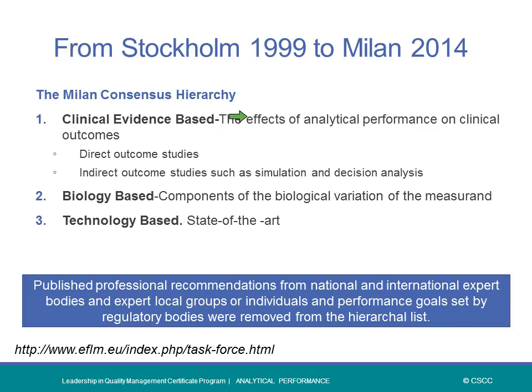It involved simplifying the entire group down to 3 from 5, but at the top again was quality specifications based on clinical evidence, followed by biology, which is basically in the form of measurements of biological variation, intra- and inter-individual variability. And at the bottom again is that based on technology or state of the art.